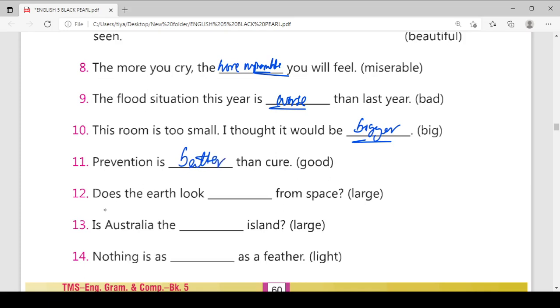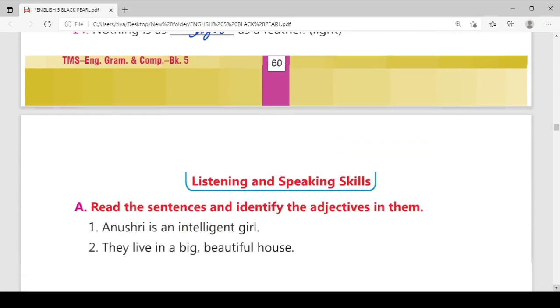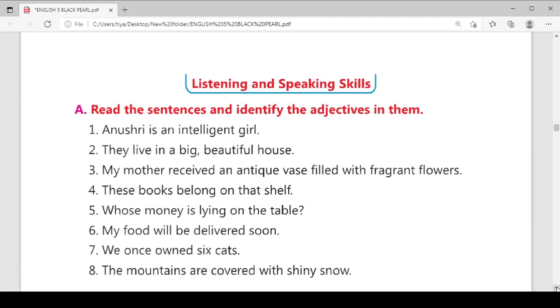Comparative degree of good. Does the earth look dash from space? Does the earth look large? Just need to use the positive degree. Okay, is Australia the largest island? Largest island. Nothing is as light as a feather. Use the positive degree. So we have done all three exercises.